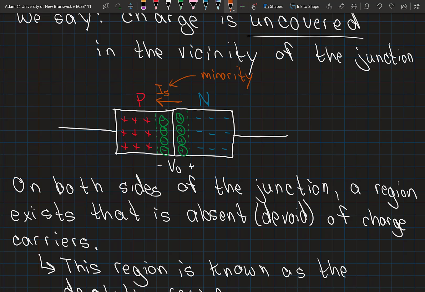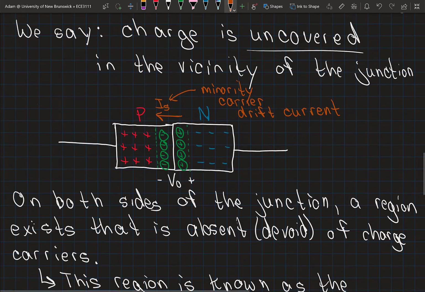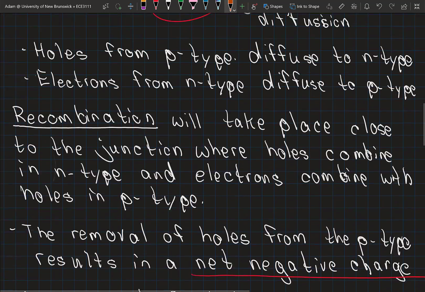So minority carrier drift current. Okay, so we have this drift current that exists.